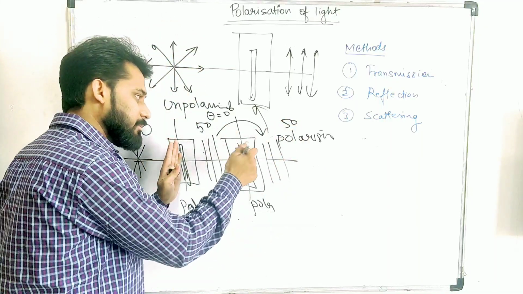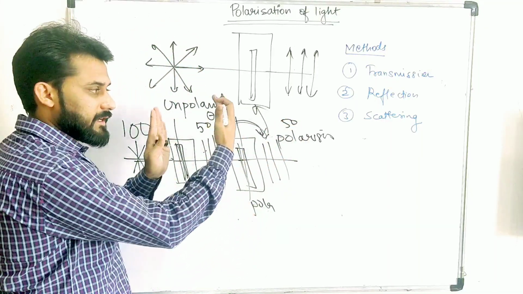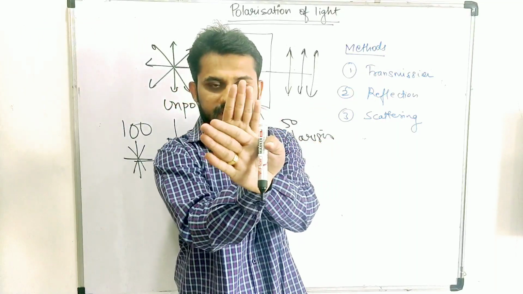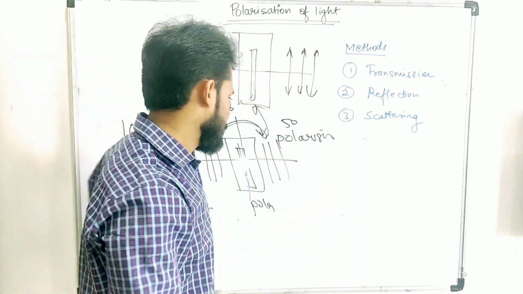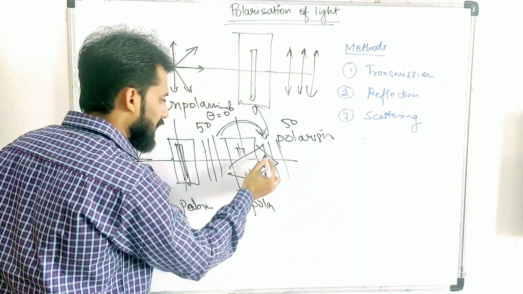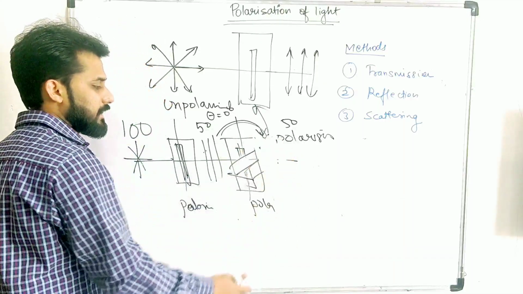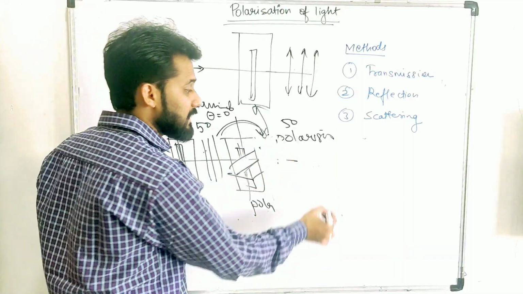लेकिन अगर मैं इस polarizer को rotate करूं, if I start rotating, उनके बीच में 10 degree, 20 degree, 30, 40, 50, 60 degree, and if I make it 90 degree, what will happen? If I make the angle 90 degree, not even a single wave will come out, correct? Why not even a single ray will come out?